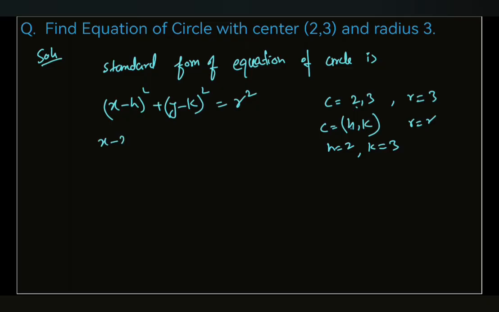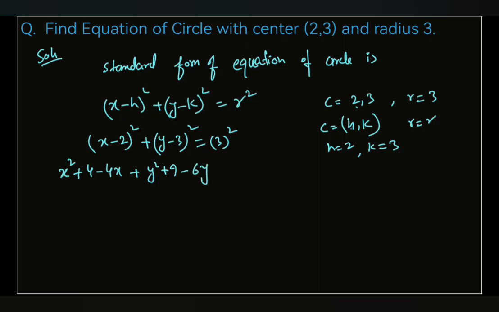So x minus 2 whole square plus y minus 3 whole square is equal to 3 whole square. By expanding this equation, x square minus 4x plus 4 plus y square minus 6y plus 9 is equal to 9.